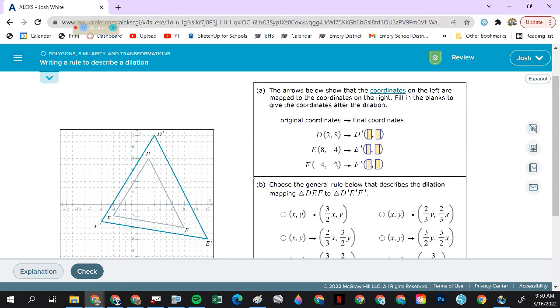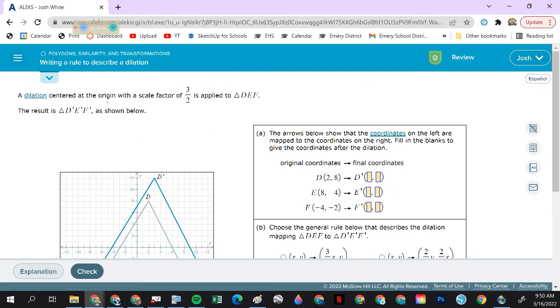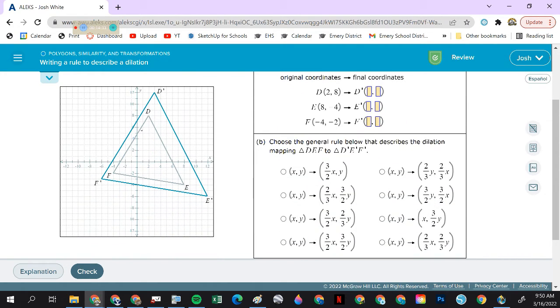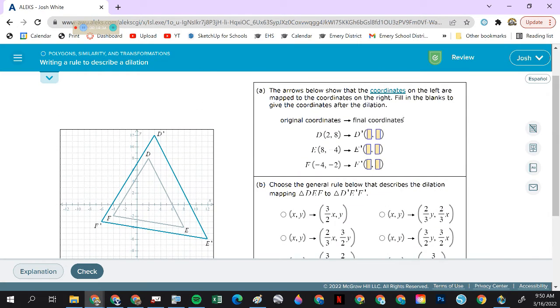All right, for this one, the center of dilation is at the origin. The factor is 3/2, which is 1.5. So we start with the gray triangle, and we end with the blue triangle. D moved from 2, 8 to this point, which is 3, 12.